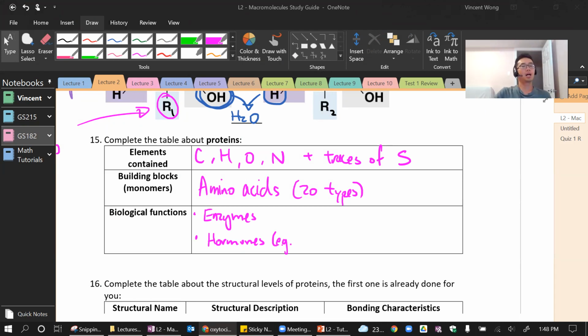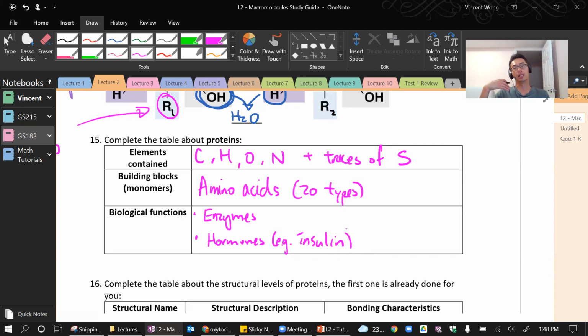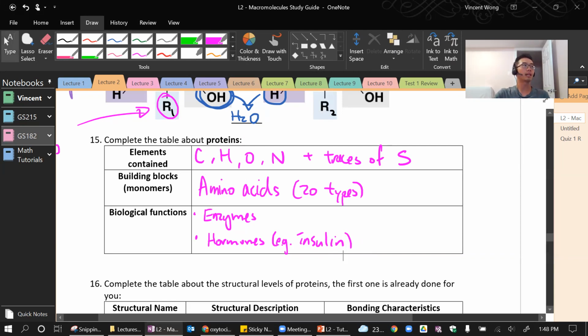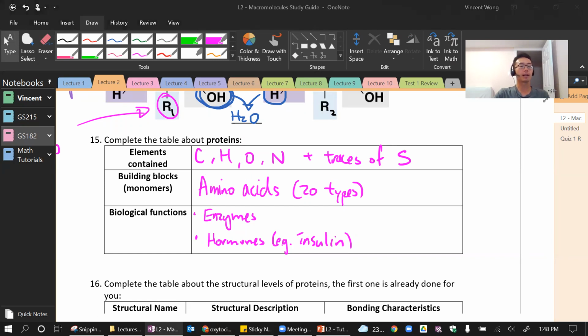Not vitamin D. Yeah, insulin. Thank you, I think that's the example I use in class. Insulin, very good. We need that to absorb sugar after we have a meal. And if you don't produce insulin, or if you don't have an adequate response to insulin, then you might have diabetes.